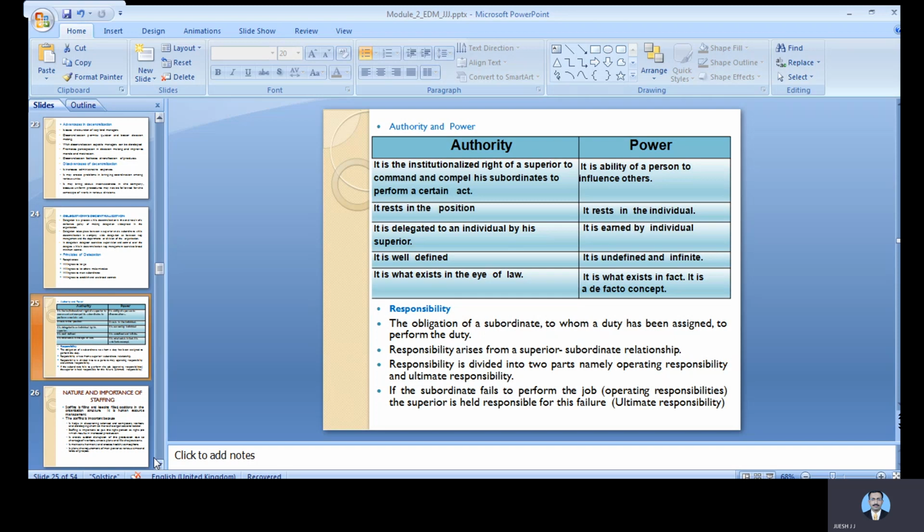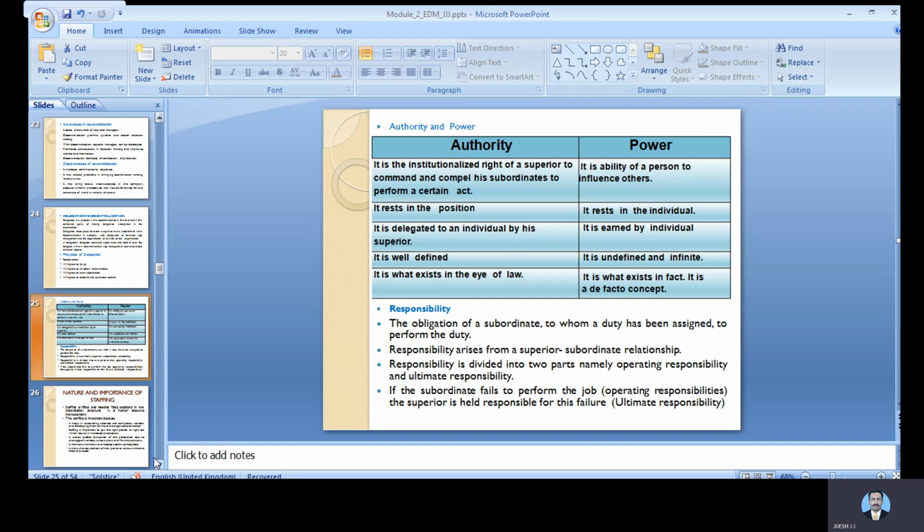It is also undefined and infinite. They can capture people; they have the ability to talk properly, attract the crowd, and create impact. The power of money also sometimes comes into the picture. In fact, it is a de facto concept. So these are the differences between authority and power.